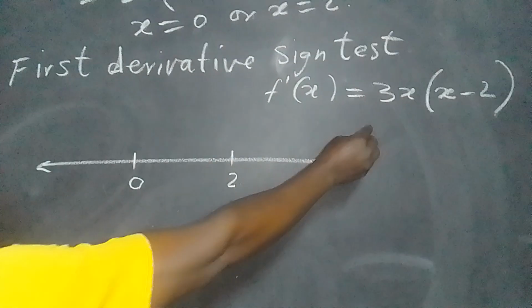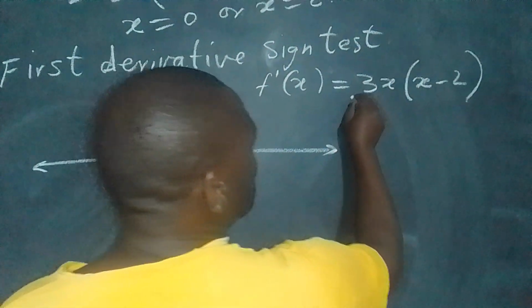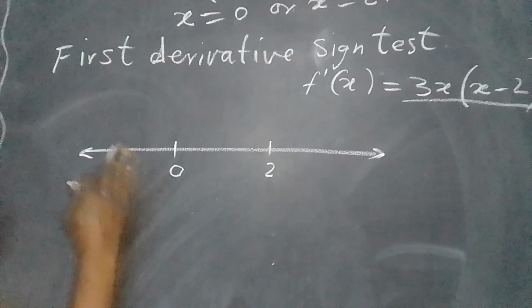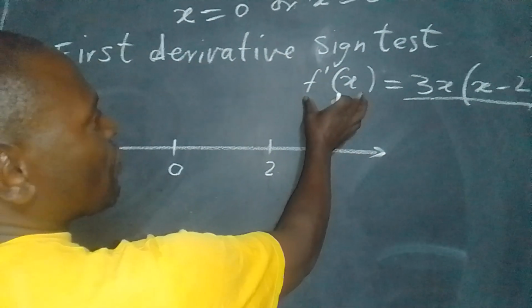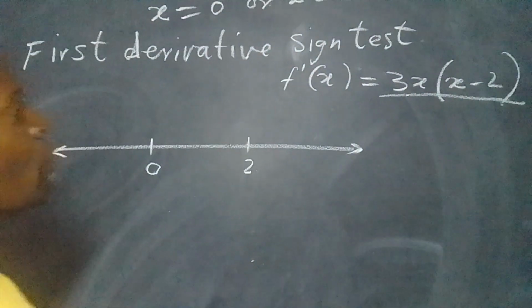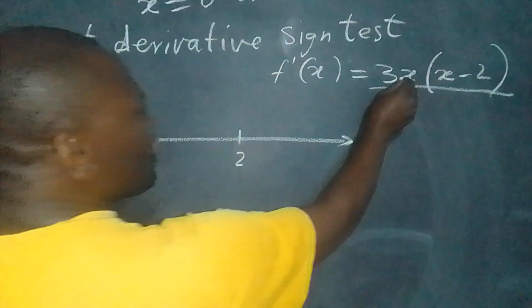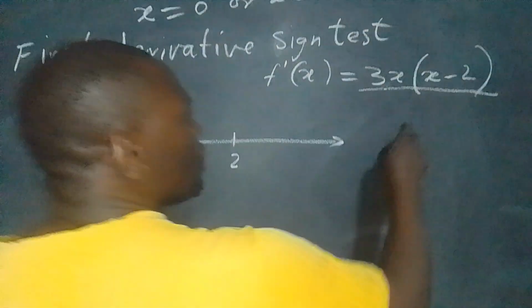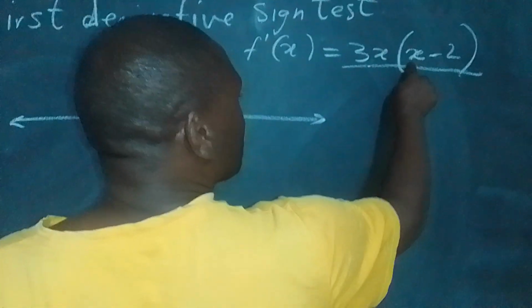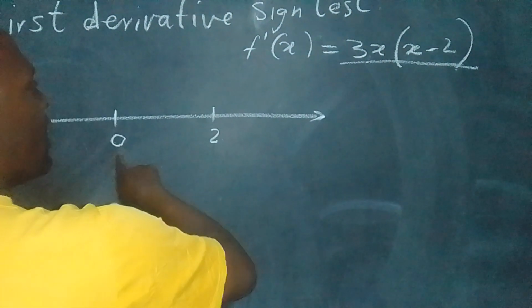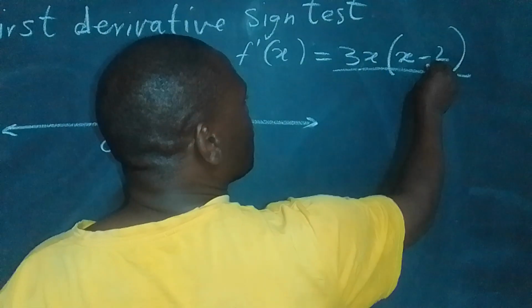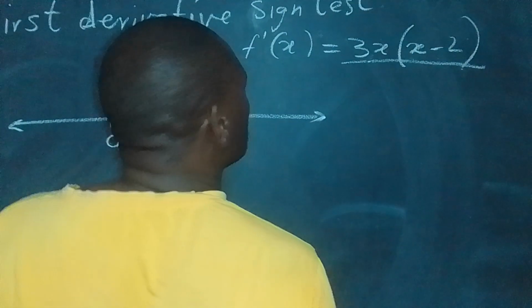Now, if we substitute the value of x in this derivative, we must find out what the sign of f dash of x turns into. If we put 0 here, 0 multiplied by 3 is 0. And x minus 2 gives 0 minus 2, which is minus 2.